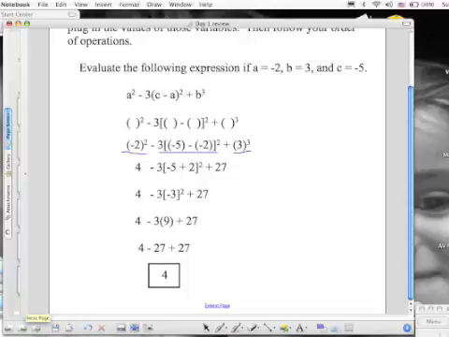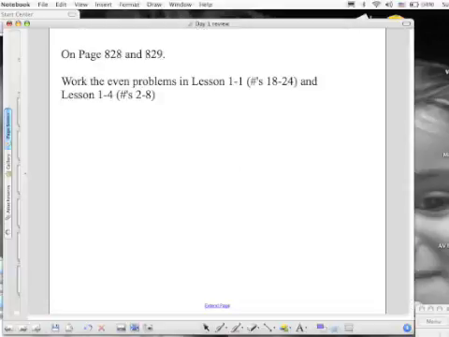Look carefully at the work. You should have copied all of this down on your paper. Okay, now I want you to turn to page 828 and 829. You are going to work the even problems in lesson 1-1 from numbers 18 through 24. So 18, 20, 22, and 24.